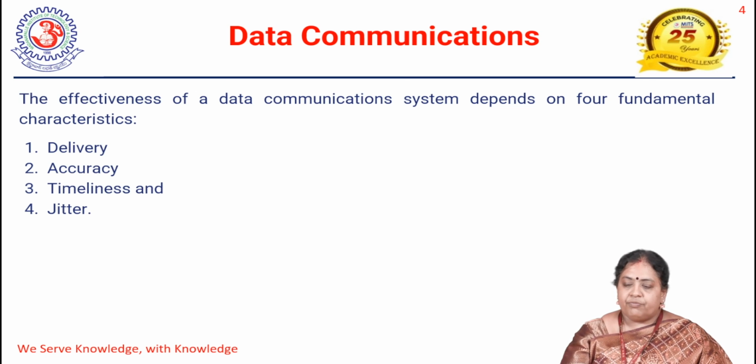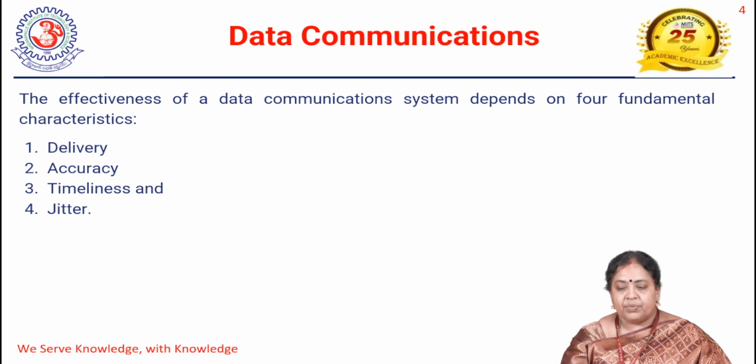If you want to perform data communication effectively, it requires some characteristics: delivery, accuracy, timeliness, and jitter. If we have these four characteristics, then we can perform the communication of data in an efficient manner.